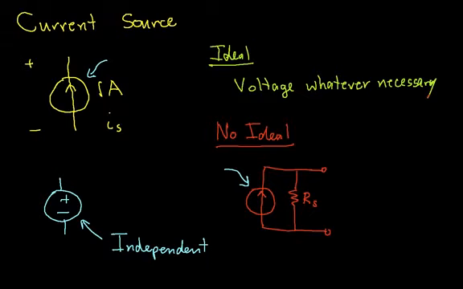But in some applications, particularly when you're modeling amplifiers or components that are used in amplifiers like transistors, you want to be able to have a source where the current or voltage across the source depends on some other current or voltage somewhere else in the circuit.